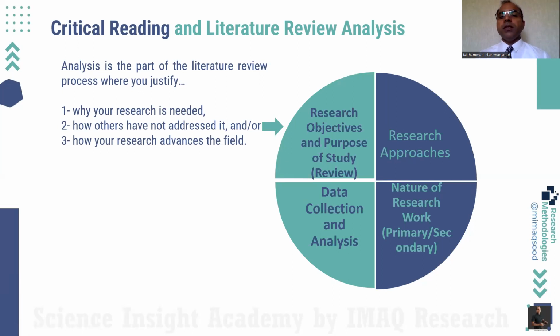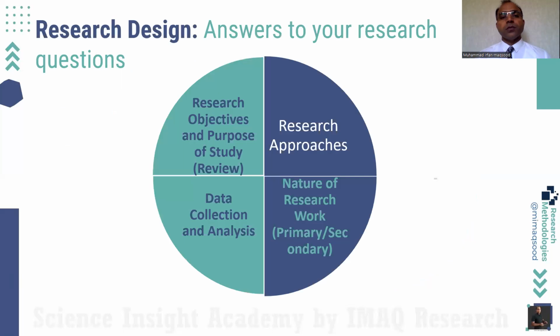The first basic questions, the objectives and purpose, you can develop from the literature review. As I mentioned earlier, first of all, we have to get the questions. You should know what you are looking for. You should have your objectives and purpose in your mind, but you are trying to justify them using the references. So you are extracting the knowledge and developing a new way of presenting the issue.